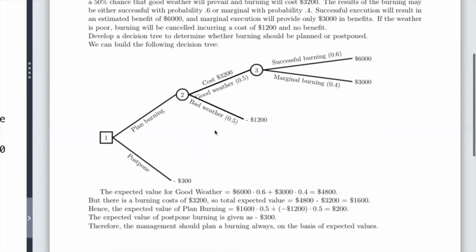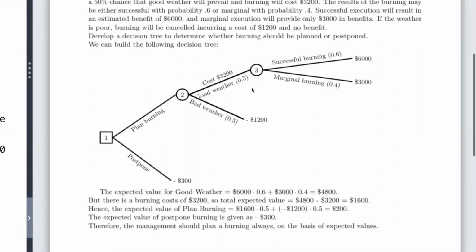So the expected value for good weather, to come over here at node 3: we can make $6,000 with probability 0.6, or $3,000 with probability 0.4. So the expected value would be 6,000 times 0.6 plus 3,000 times 0.4, which is $4,800.